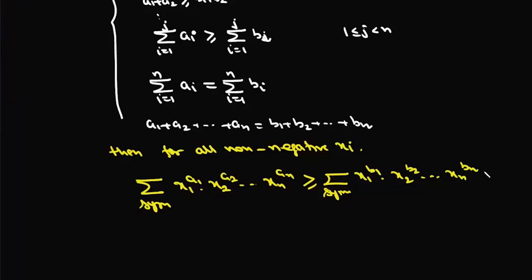If sequence AI majorizes sequence BI, then the symmetric sum of x1 to the power a1, x2 to the power a2, xn to the power an is always greater than or equal to x1 to the power b1, x2 to the power b2 up to xn to the power bn.